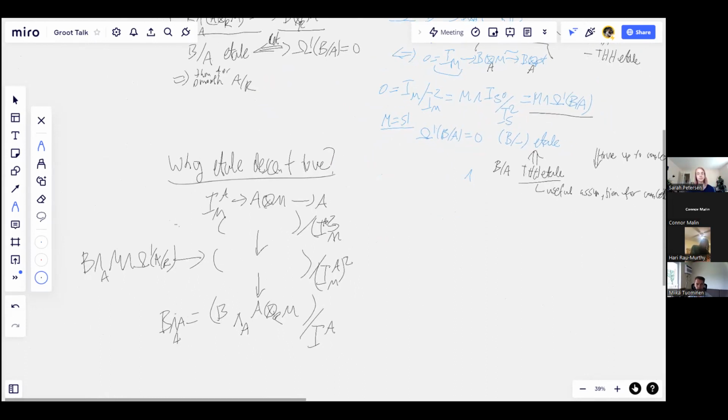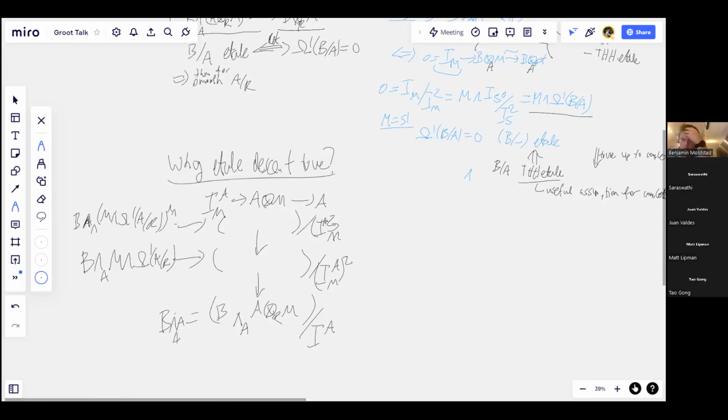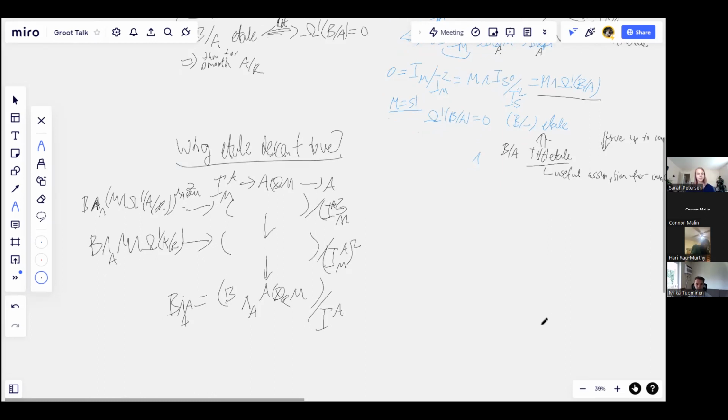And the associated graded over here is going to be B smash over A with M smash omega 1 A over R smash to the power of 2. And then I mod out by the h sigma 2 action.